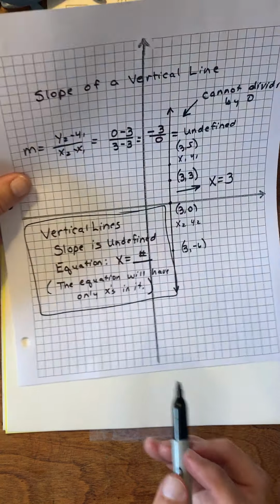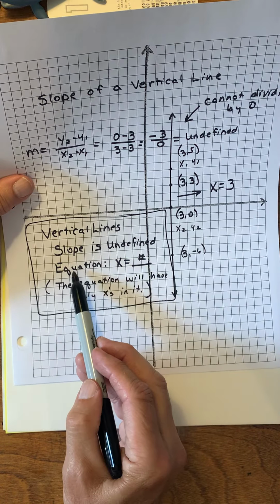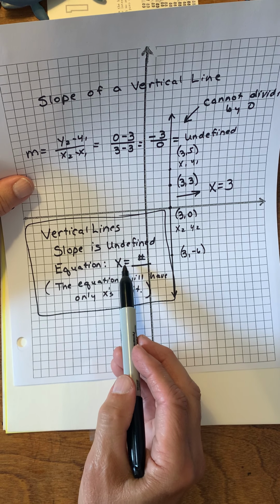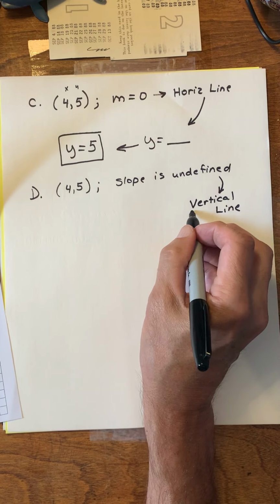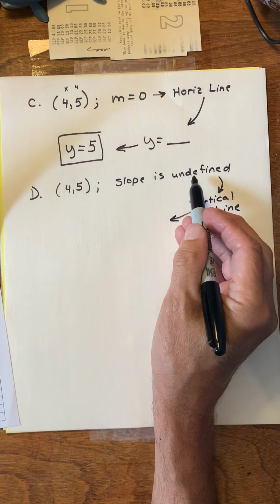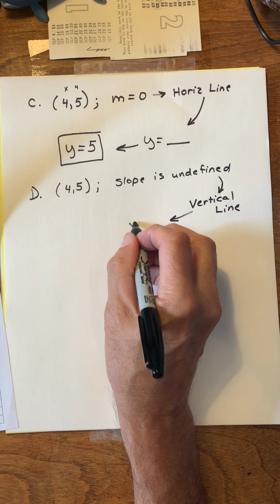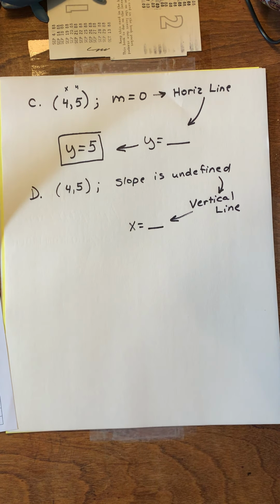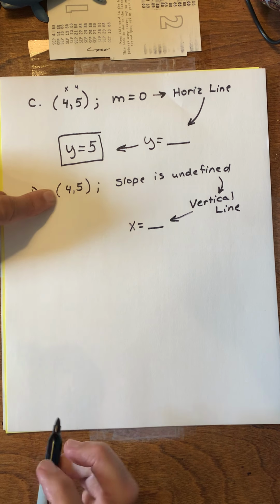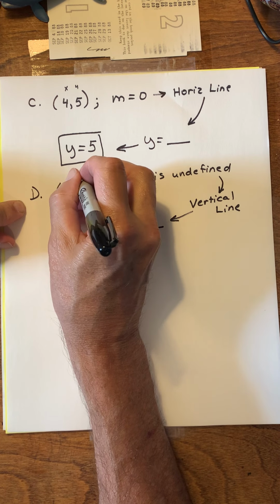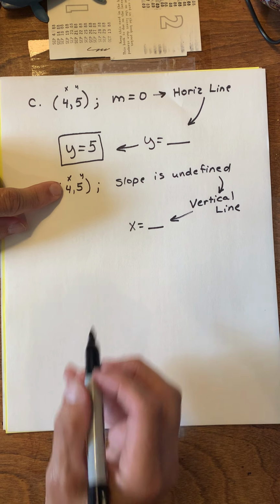Check your notes about vertical lines. Every vertical line has the equation x equals something. So since this line is vertical, it has the equation x equals something. I have a point. It's got an x that tells me exactly what that x is going to be.